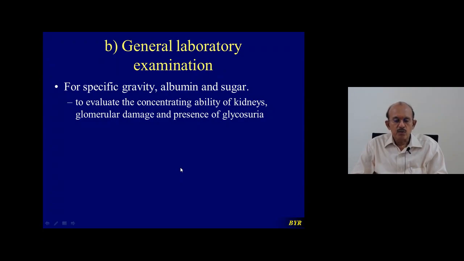It occurs in chronic pyelonephritis and chronic glomerulonephritis. Whenever there is renal tubular destruction, there will be leakage of urine which has the same osmotic tension as that of the plasma. So in that condition, there will be a constant specific gravity.